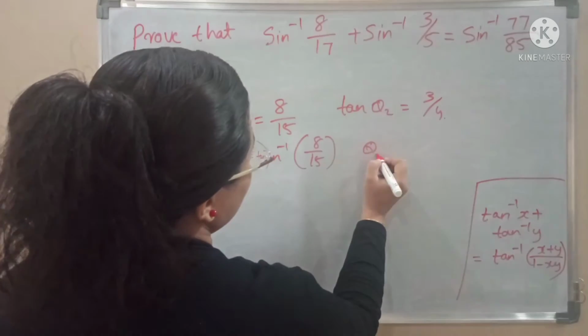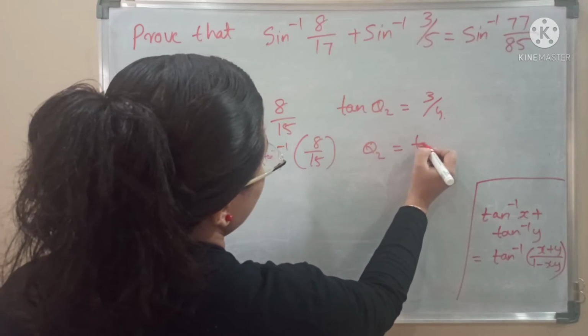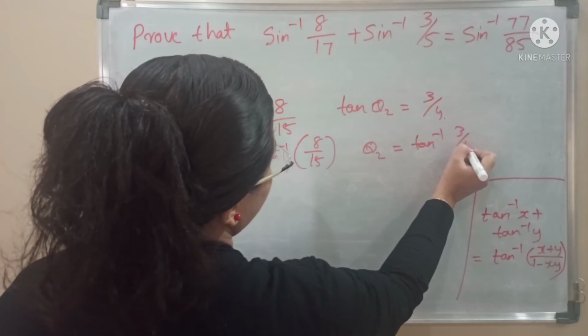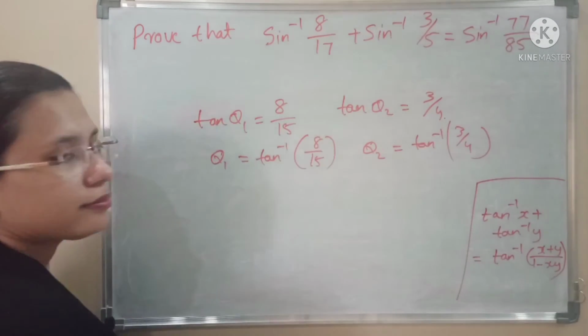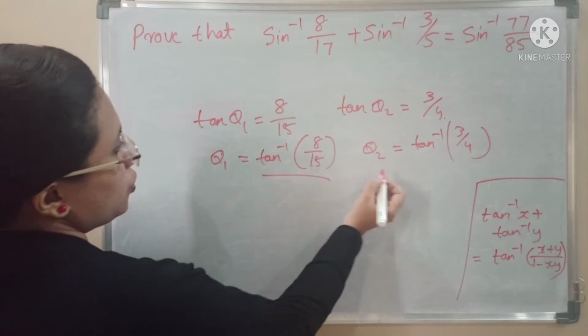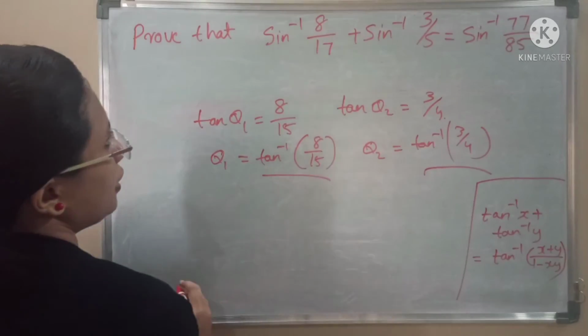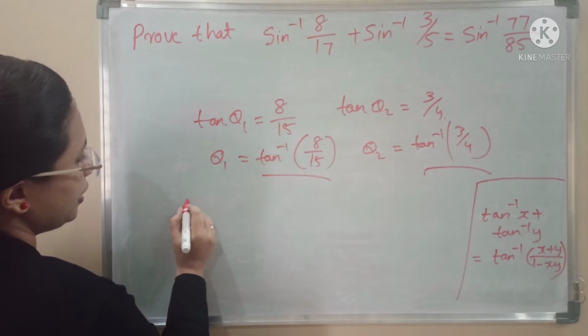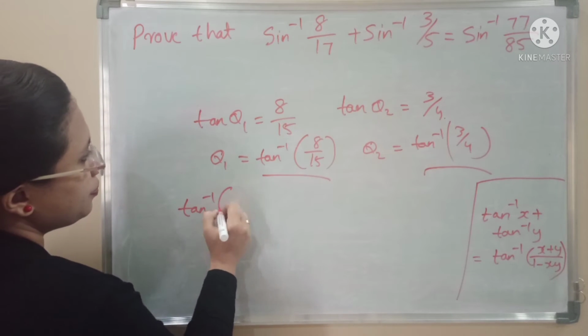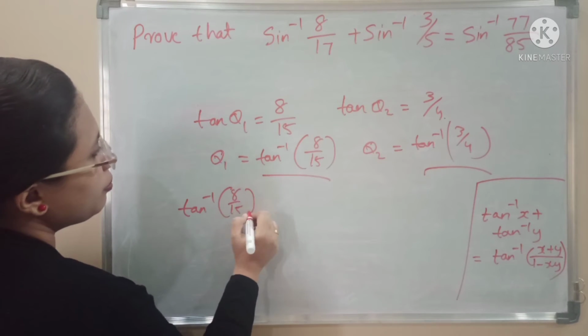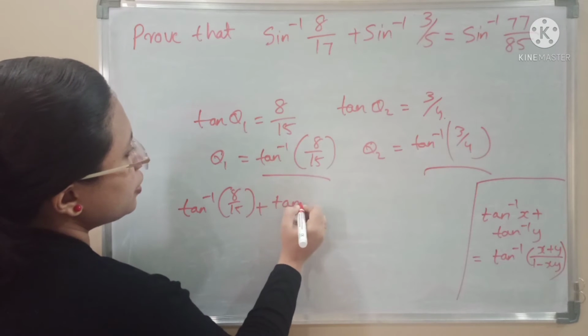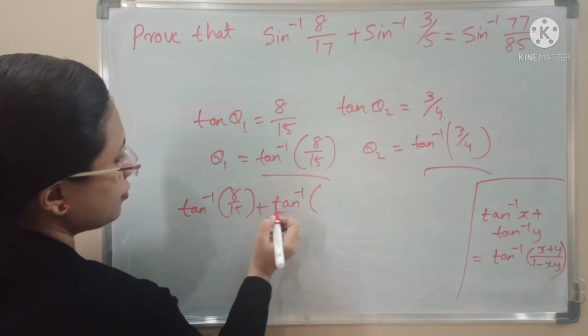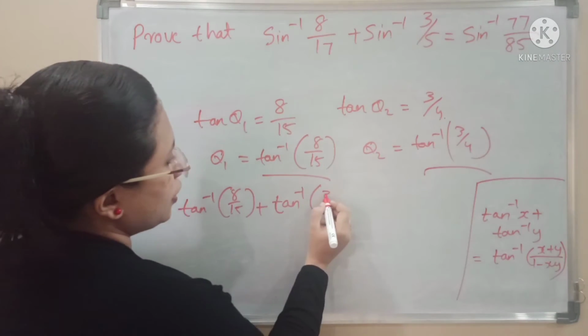Now theta 2 will be tan inverse of 3/4. Now substitute these two in place of sine. So it will be tan inverse 8/15 plus tan inverse 3/4.